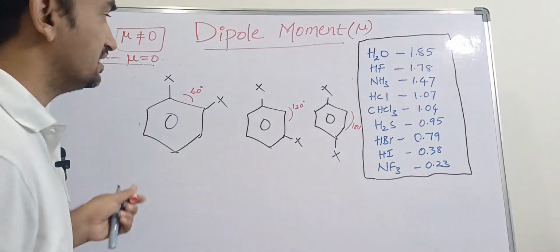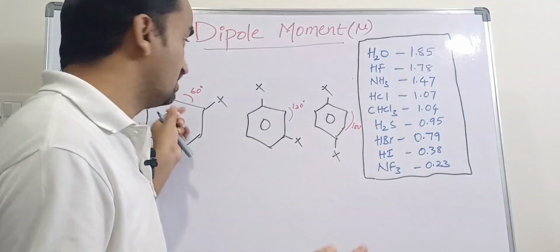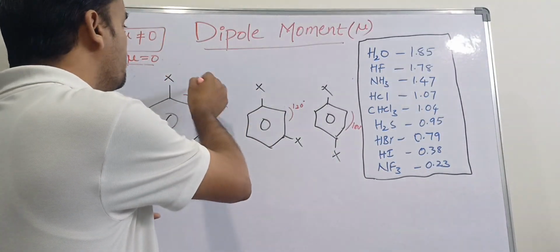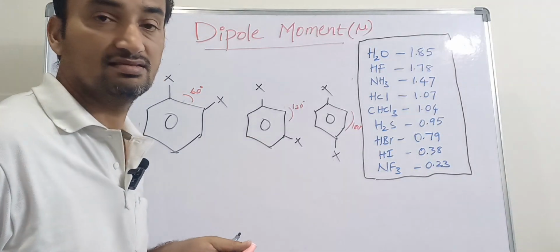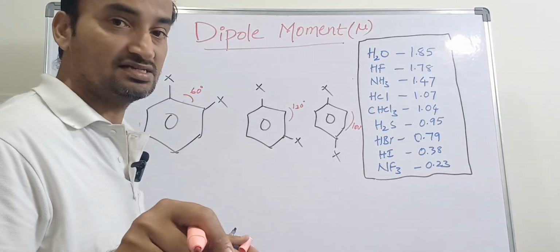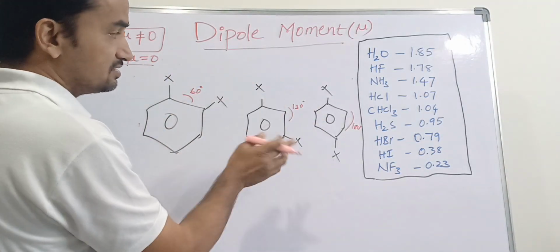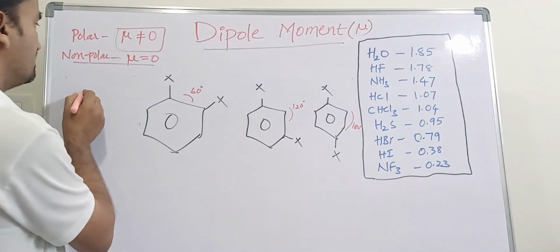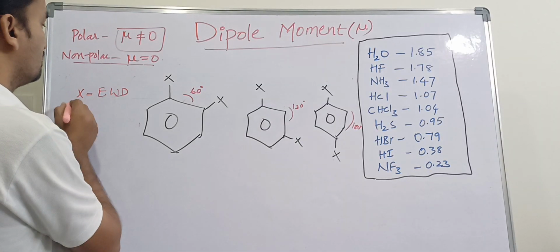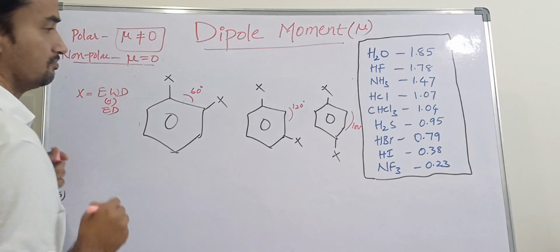So usually, as the bond angle increases, dipole moment decreases. So dipole moment is maximum at 60 degrees, that is at the ortho position. But there is an exception, we'll see. Now suppose here XX, that means two are of the same kind, either both electron withdrawing or both electron donating.